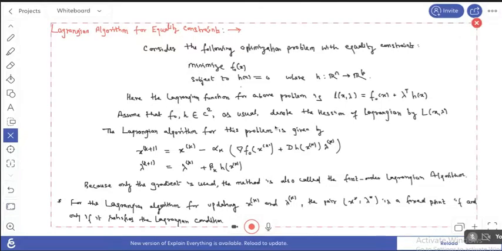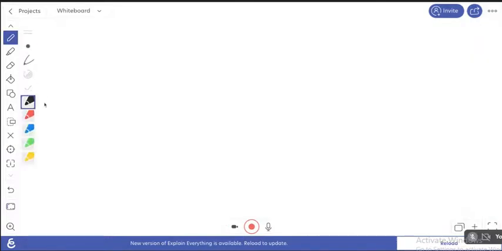So next page, Lagrangian algorithm for inequality constraint, and here suppose there are some m number of inequality constraints.